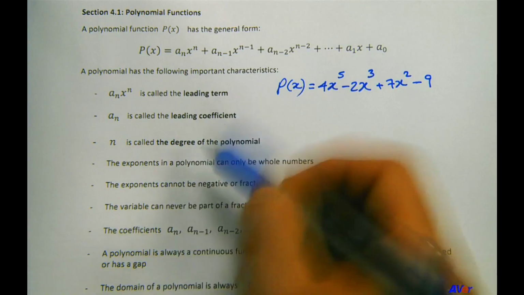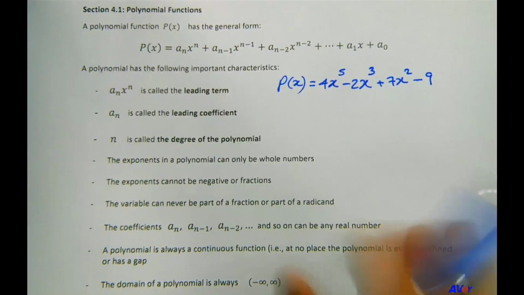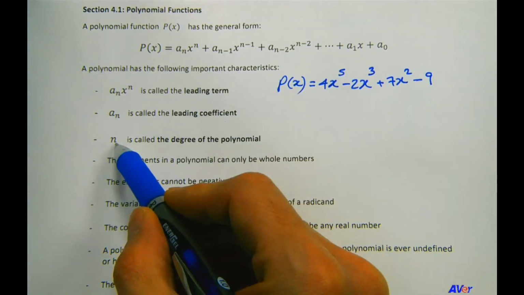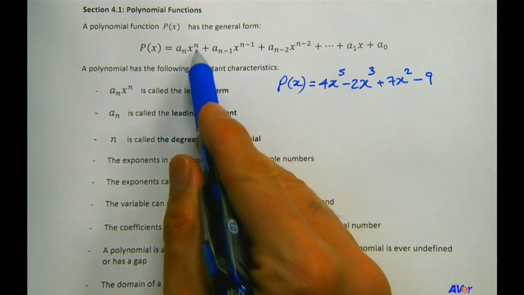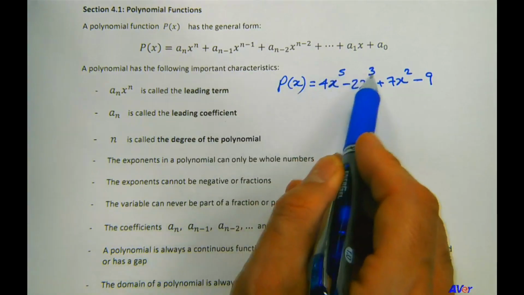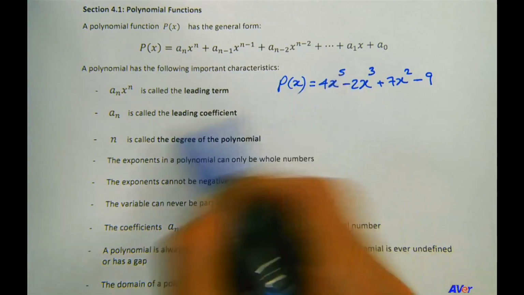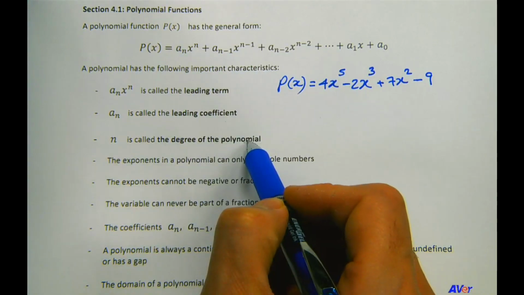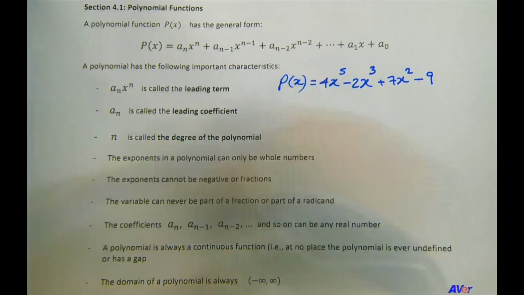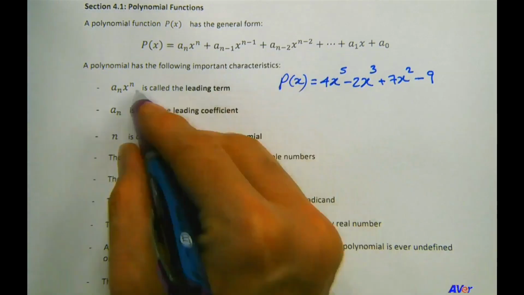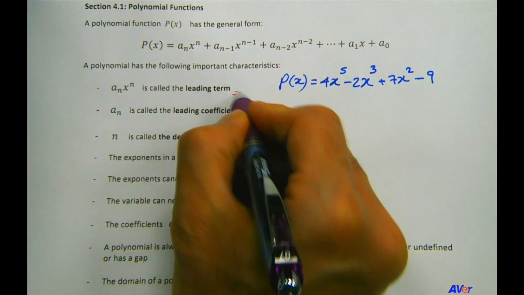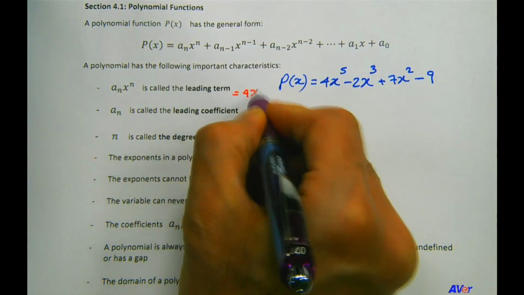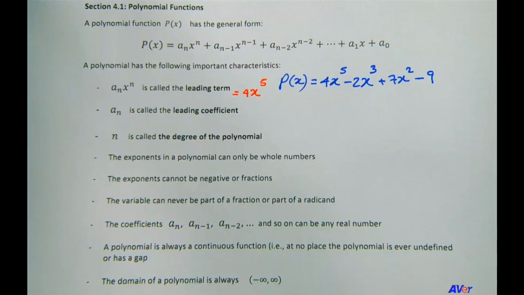And we have examples that we will go over. Okay? Then n, the highest power that appears in the polynomial, is called the degree of the polynomial. Okay? So in this example, the leading term is equal to 4x to the fifth.